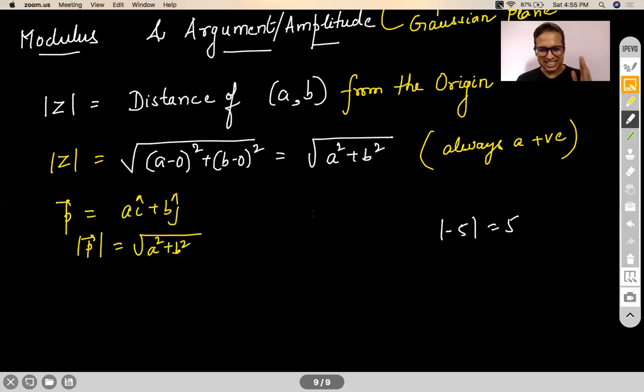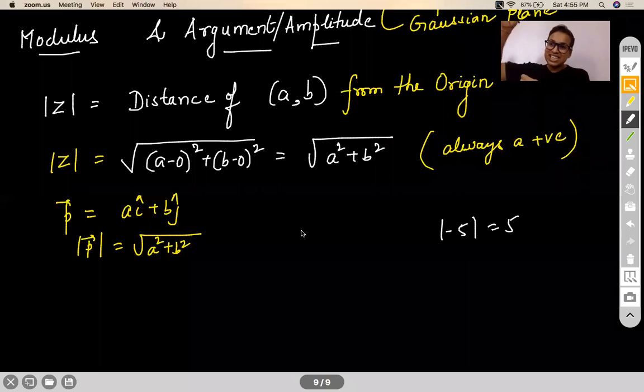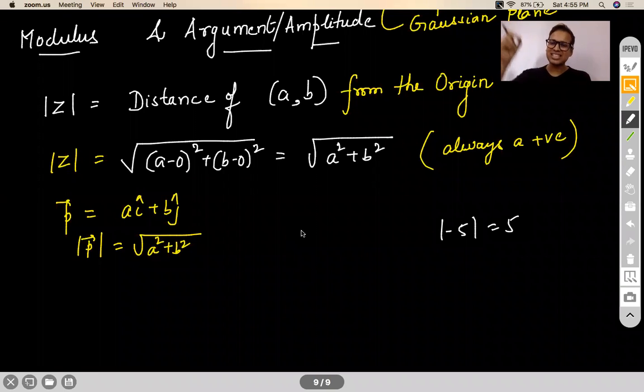Yes, exactly, Madhav. Didn't I say earlier, I think you joined a little late, complex numbers have characteristics of vectors. It is actually a position vector. When you say A plus Bi, A into 1, B into i. 1 is acting like your i vector along the real axis, and i is acting like your j along the imaginary axis.